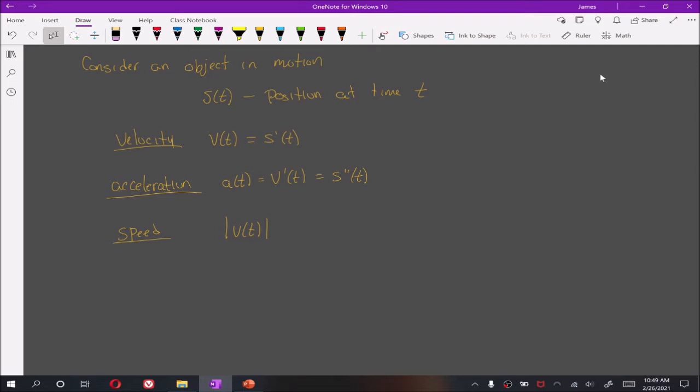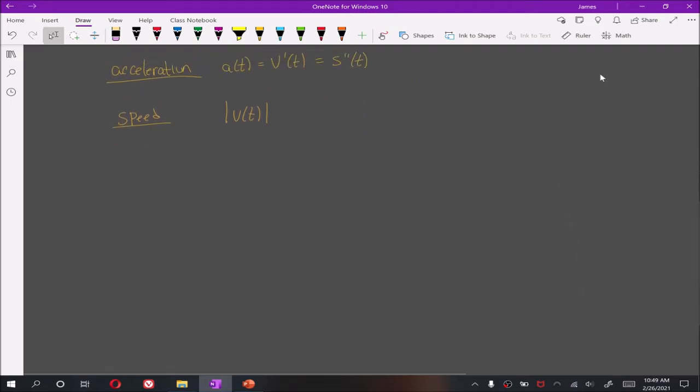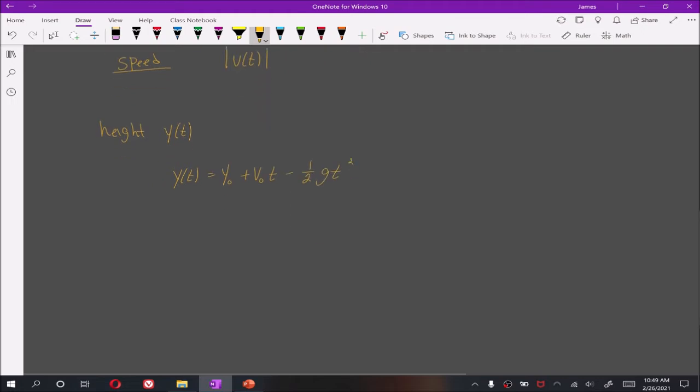Now, Galileo had discovered that the height, represented y of t, of an object tossed vertically in the air near the Earth's surface is accurately represented by this function. y of t is equal to y naught plus v naught t minus 1/2 g t squared.